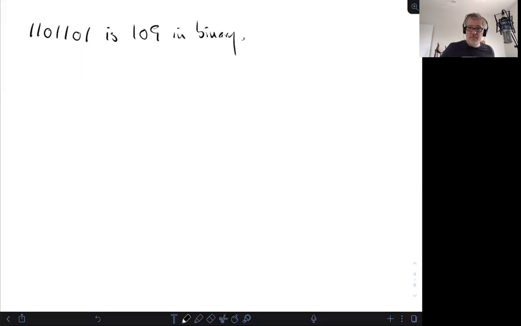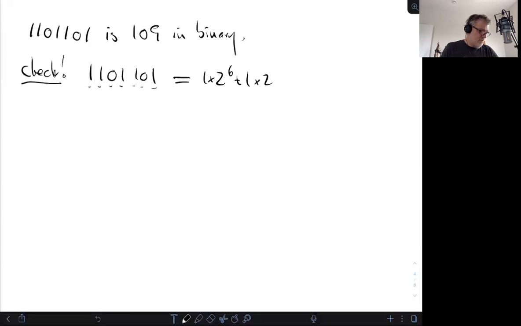What do you do? Well, you can check, right? Because it's easier to convert the other way around. So let's just take 1101101 and check that it is 109 in binary. So this is position 0, 1, 2, 3, 4, 5, 6. 1 times 2 power 6 plus 1 times 2 power 5 plus 0 times 2 power 4 plus 1 times 2 power 3 plus 1 times 2 power 2, and just the last one, 2 power 0.